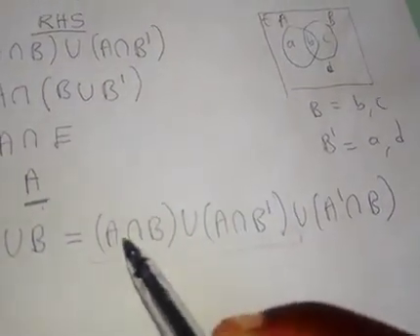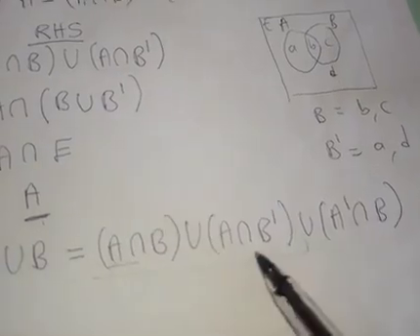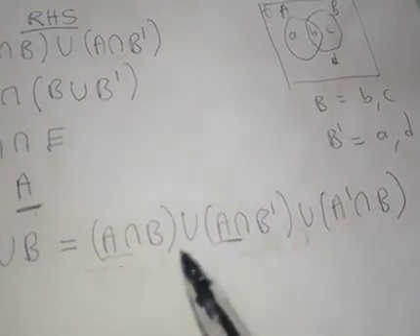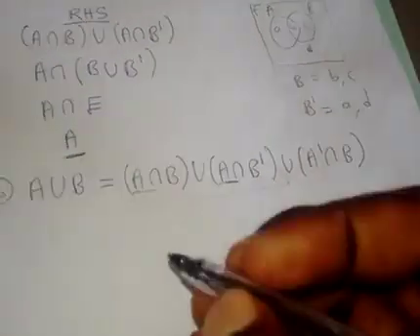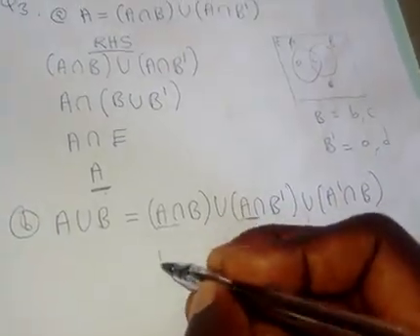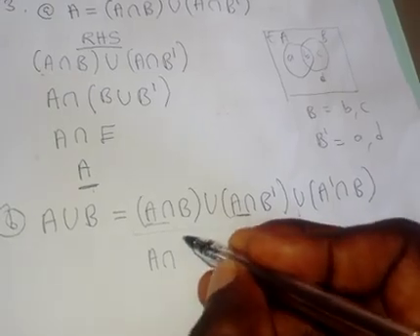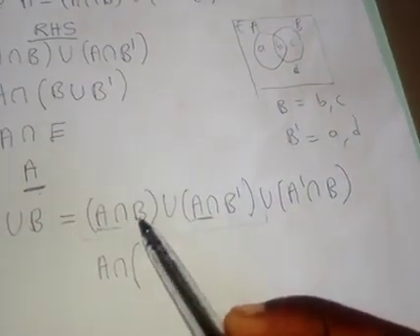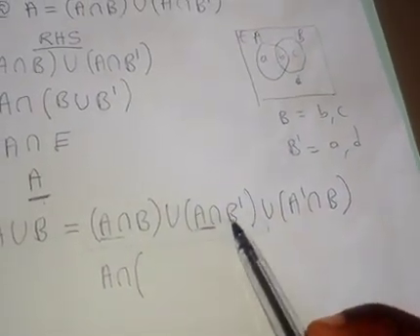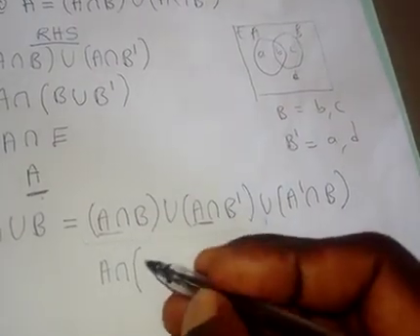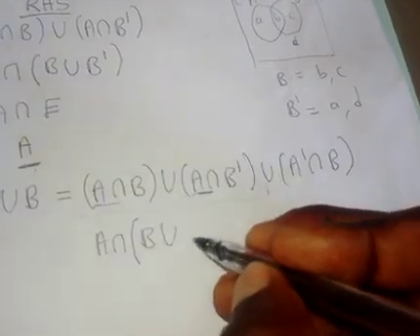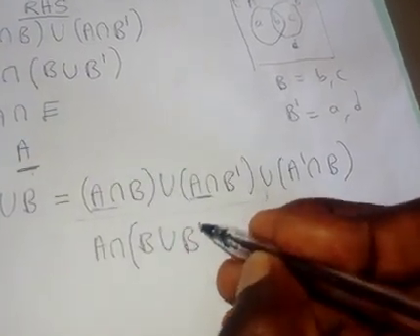For the first two, there is A intersection which is common, so we can factor it out. When we factor out A intersection, we remain with B union B complement.